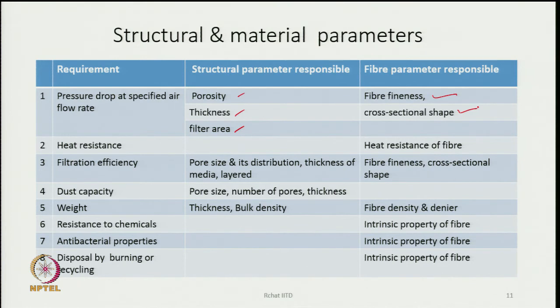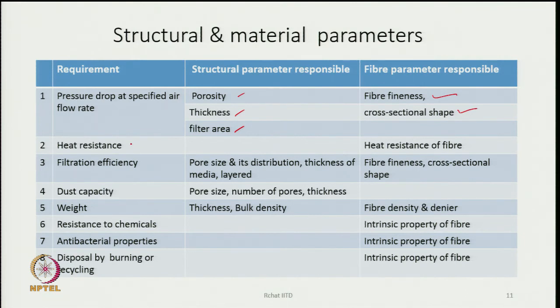So, what I am saying, this is the performance criteria 1, 2, 3, 4, 5, 6 and we are associating it with the structural parameters and also the basic parameters of the fiber. So, pressure drop depends upon the porosity, thickness and the overall filter area and also depends upon the fiber fineness and cross sectional shape.